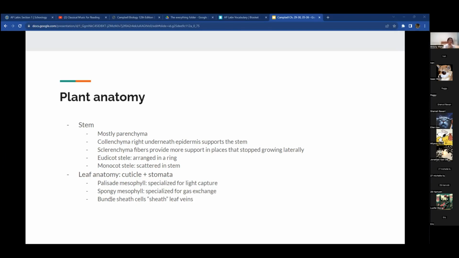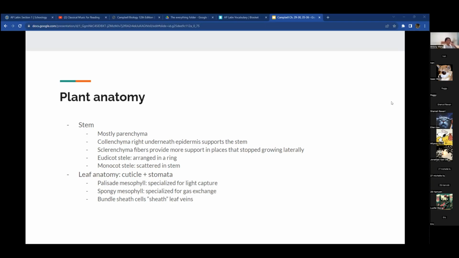The spongy mesophyll is on the bottom layer, and it has a lot of large intracellular spaces that produce more surface area, resulting in more gas exchange. And they also have bundle sheath cells that coat leaf veins.